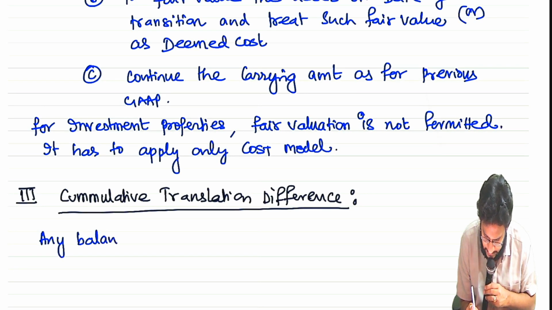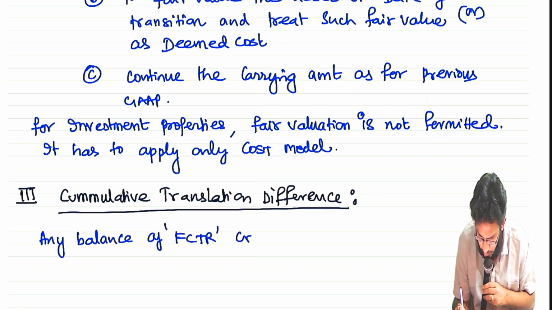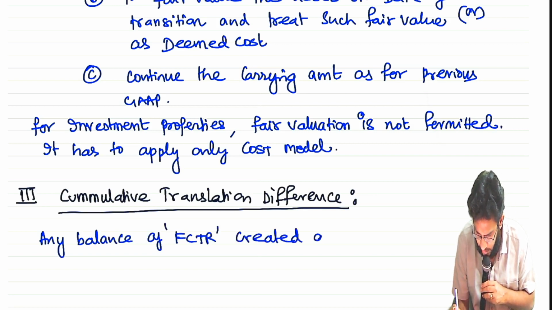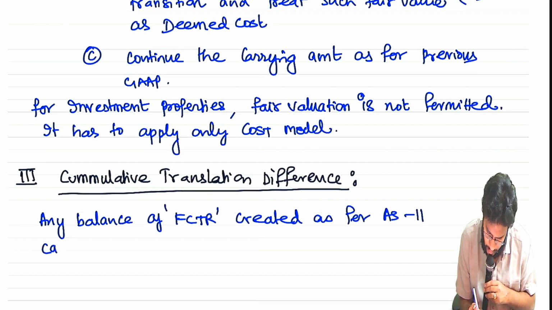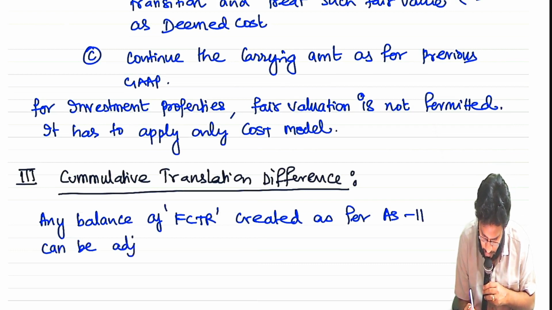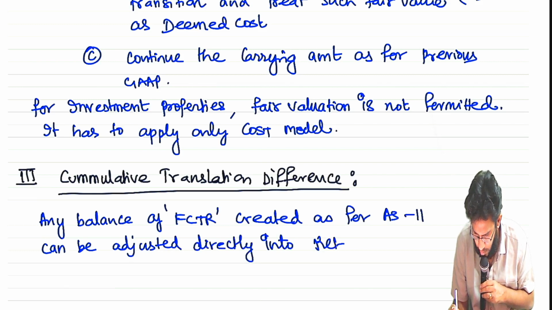Any balance of FCTR created as per AS 11 can be adjusted directly into retained earnings.